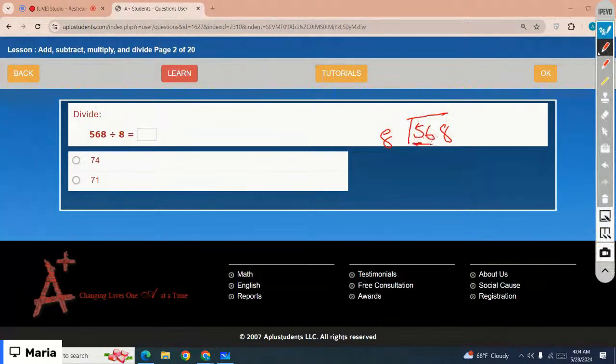You need to count 8 until 56. So 8 times what number is 56? That is 8 times 7 is 56. You need to bring 8 down. You need to count again 8. 8 times 1 is 8. That is 108. The correct option is option number 2. Very good.